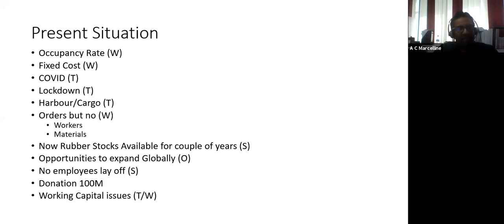Yeah. Obviously, you have working capital issues, so I've marked it as a threat and a weakness, because working capital issues would not have been there if the COVID situation was not there. The case very clearly explains how the working capital situation came in, because they had to shut down factories soon.